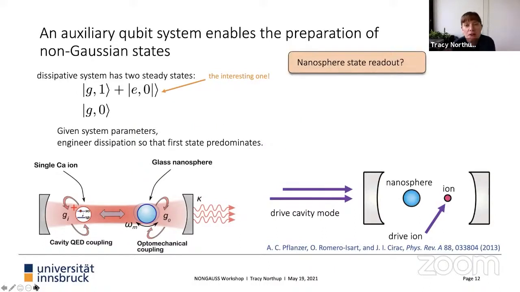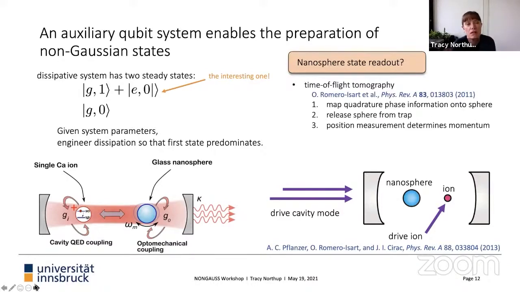Yeah, how would you read out your nanoparticle if you were able to generate this state? The proposal in this paper, and also that goes back to an earlier paper, is about doing time of flight tomography, in which one can map quadrature phase information of the particle's motion onto the sphere and then release the sphere from the trap, and a position measurement in the cavity then determines this momentum.